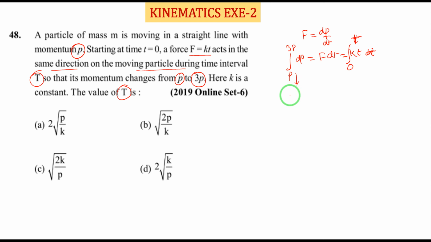So on integration we get 3p minus p equals half k capital T square. So what we are getting is 4p upon k, root of it, equals capital T. So root of 4p upon k. Which one is the answer? A.